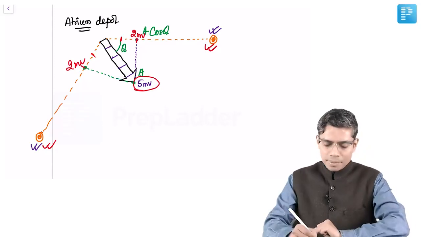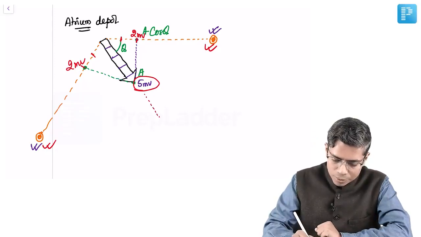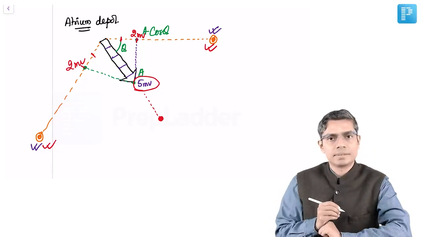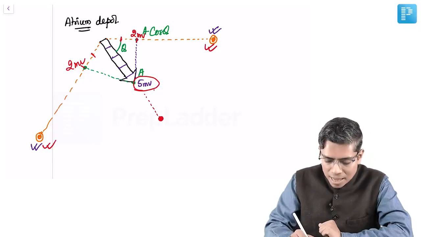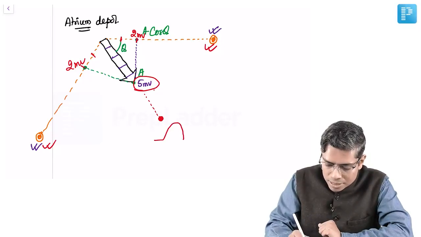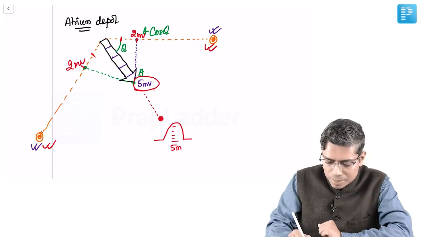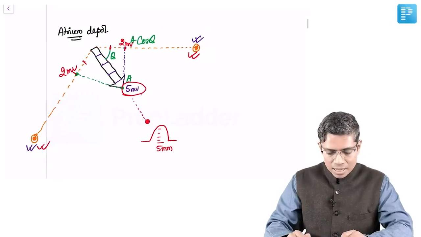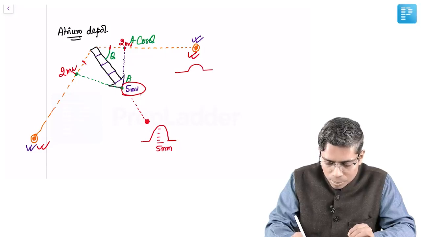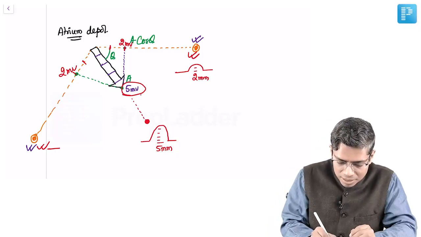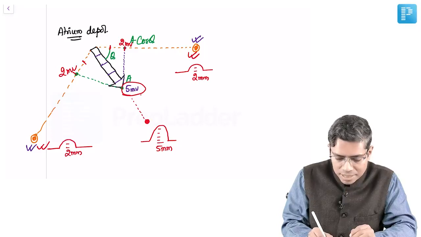So if a lead is connected here which is directly facing the voltage vector, suppose this lead is recording this 5 millivolt voltage and it is giving a wave which is 5 millimeter in height. So obviously I am going to get a similar kind of wave in this lead also, but the height of this wave will be 2 millimeter, and similarly in the other lead the height of the wave will also be 2 millimeter, like this.